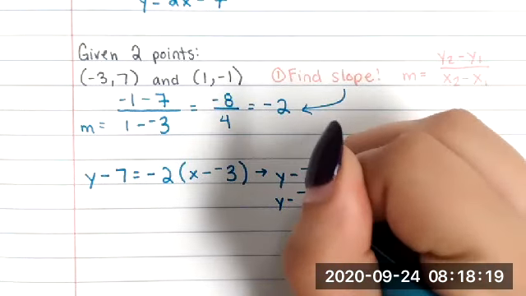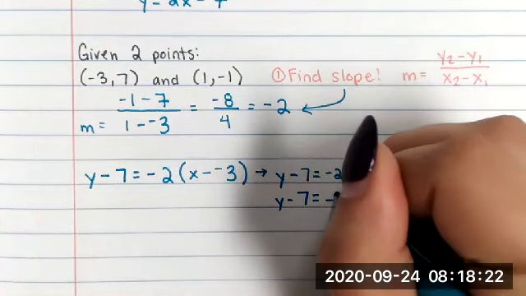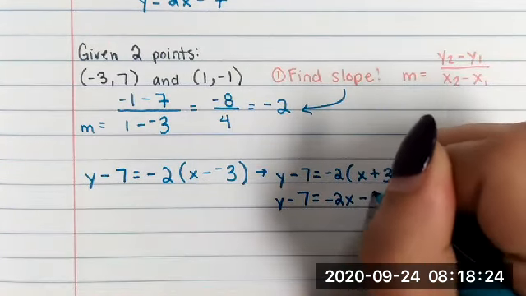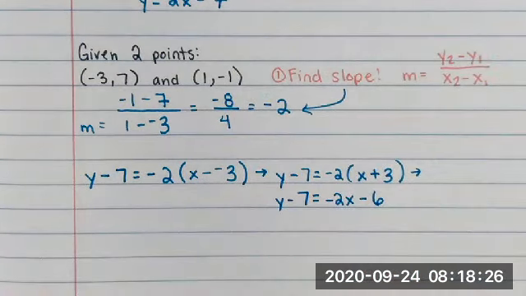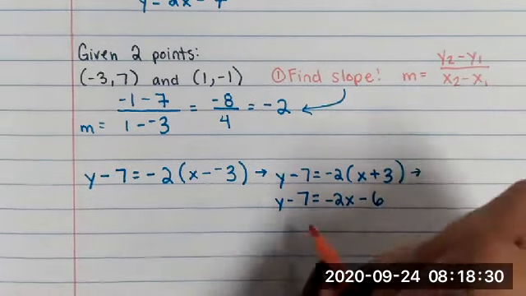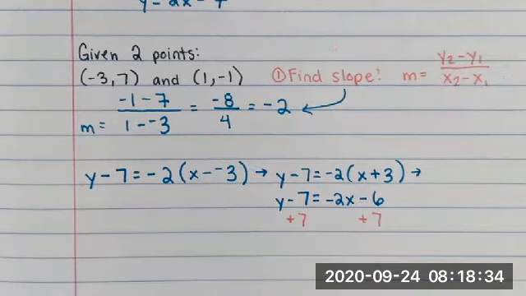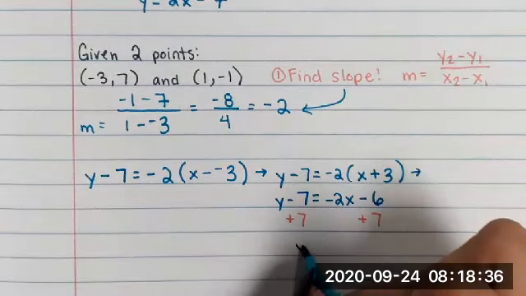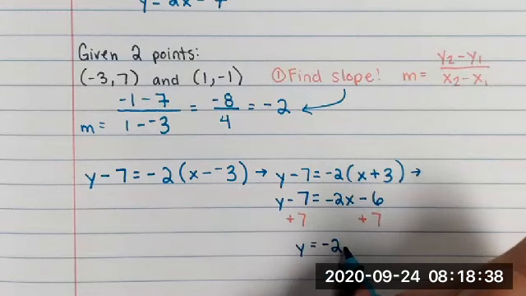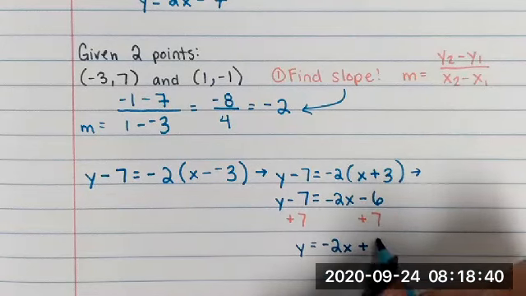I'll distribute this way. -2x minus 6. And then I'm going to add 7 to both sides to get y equals -2x plus 1.